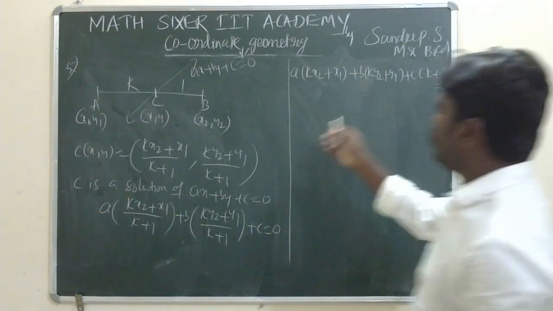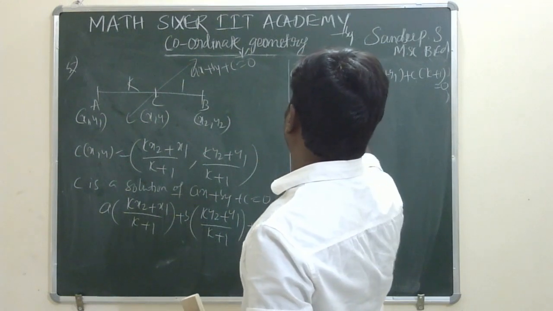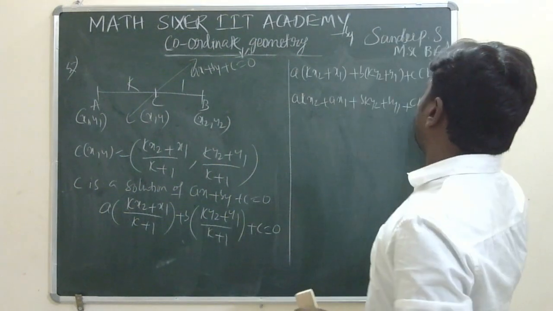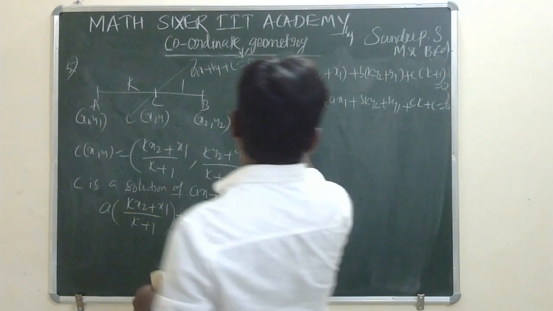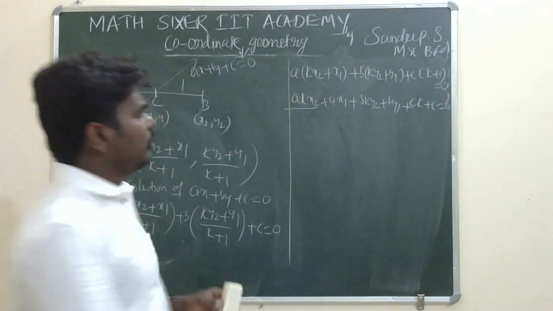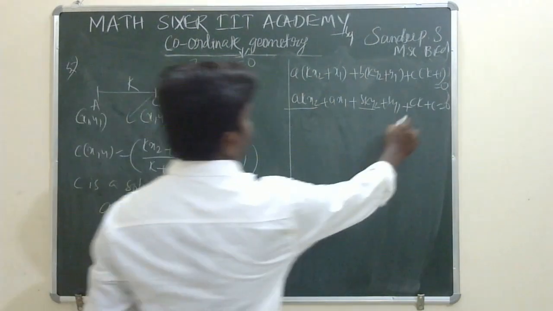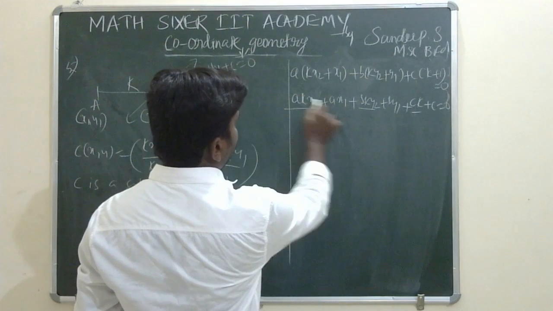And again, what you get here: a k x2 plus a x1 plus b k y2 plus b y1 plus c k plus c is equal to 0. Now the x2, y2 terms and also c k you can write together, and in these you can take k common.